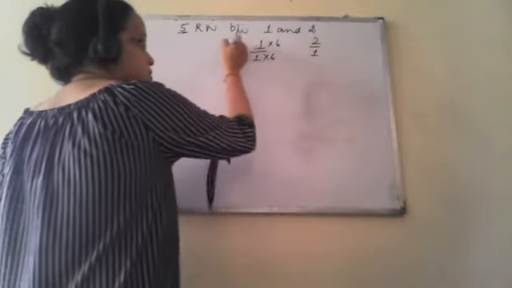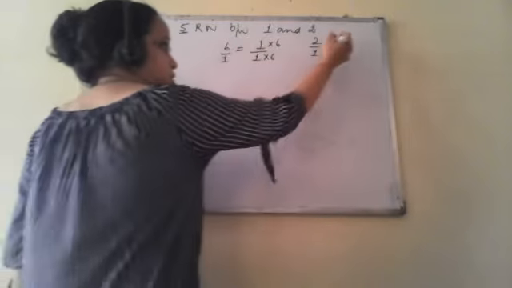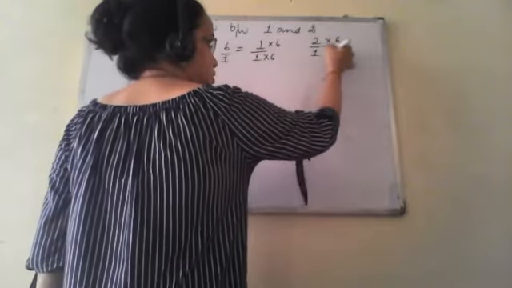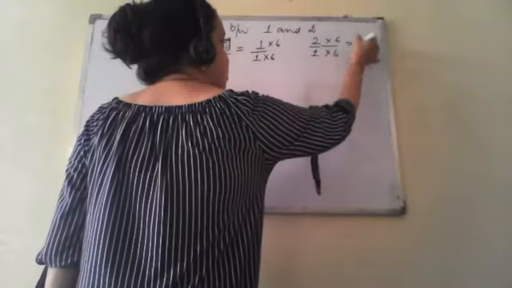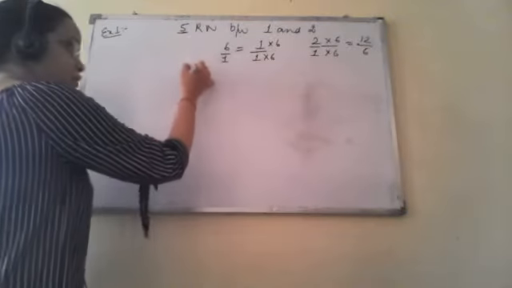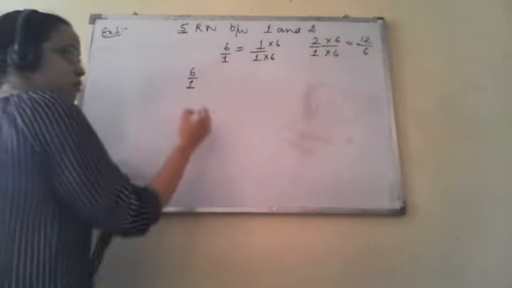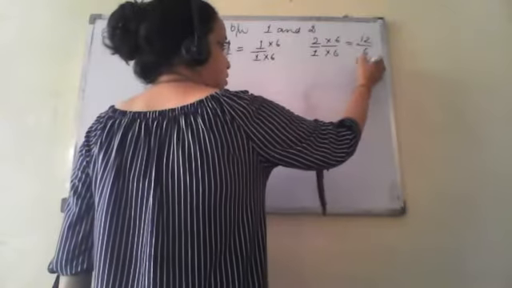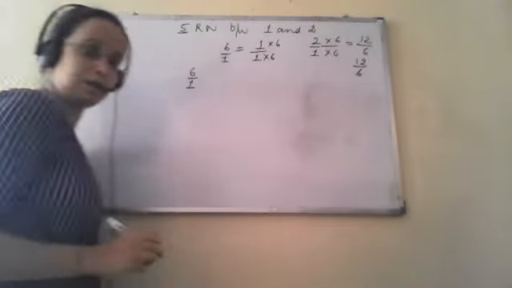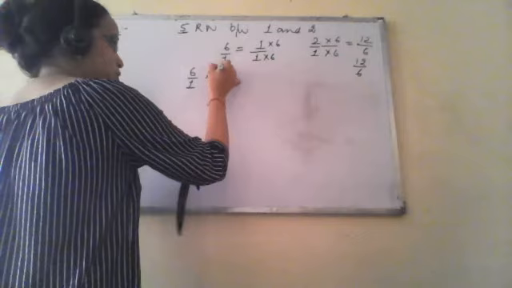This will become 6 upon 1 and this will become 12 upon 6. So now we have to find 5 rational numbers between 6 upon 1 and 12 upon 6. Clear?